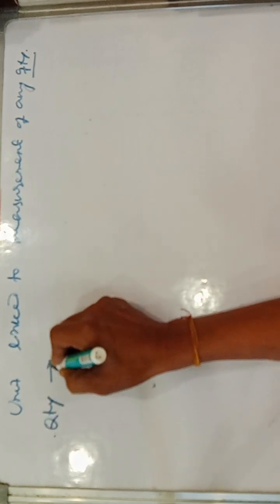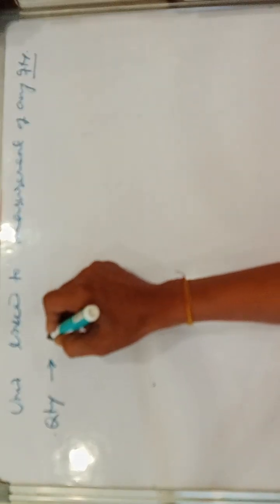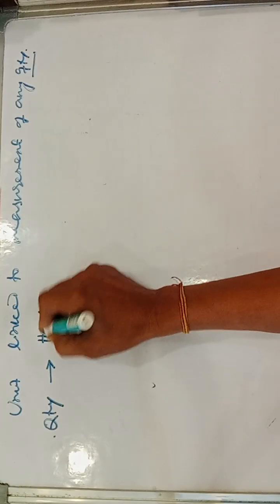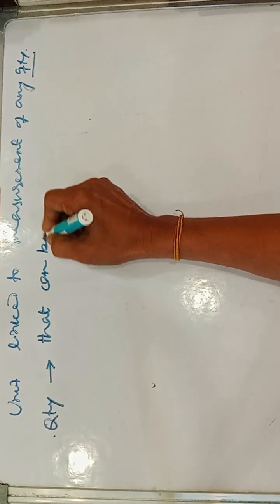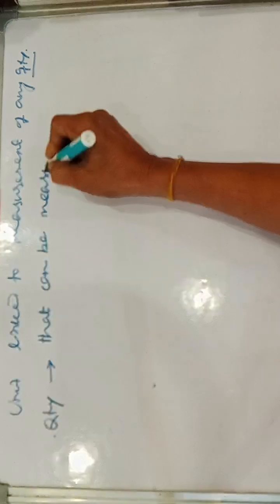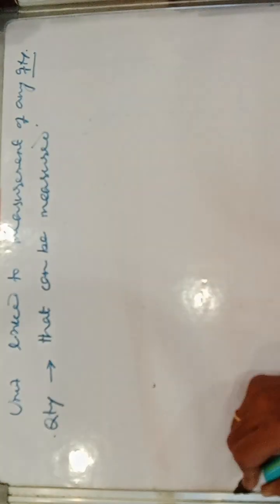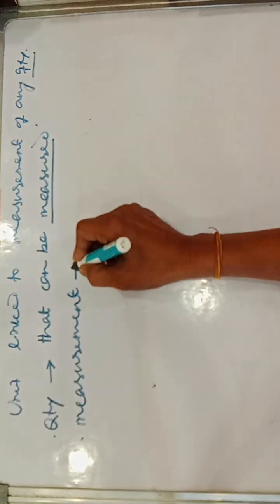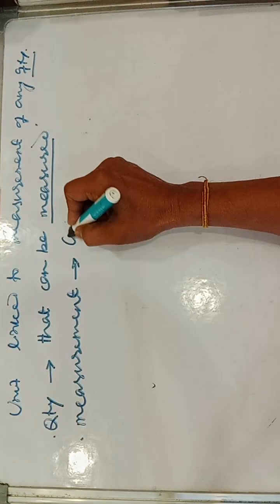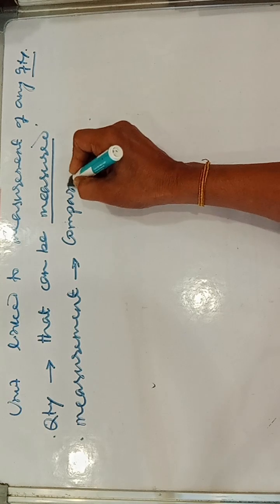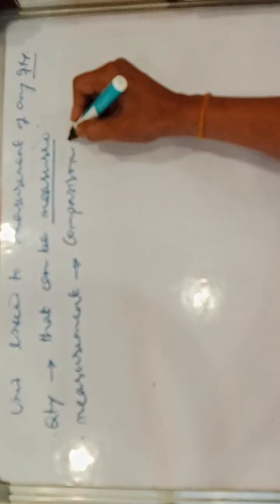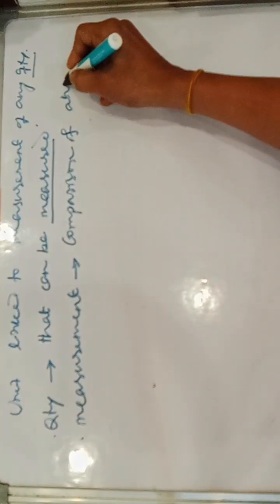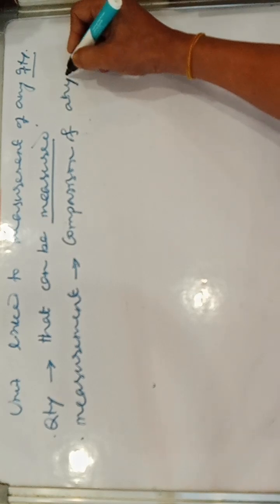Quantity in physics is any item that can be measured. What is measurement? Measurement is comparison of any item that we want to measure.